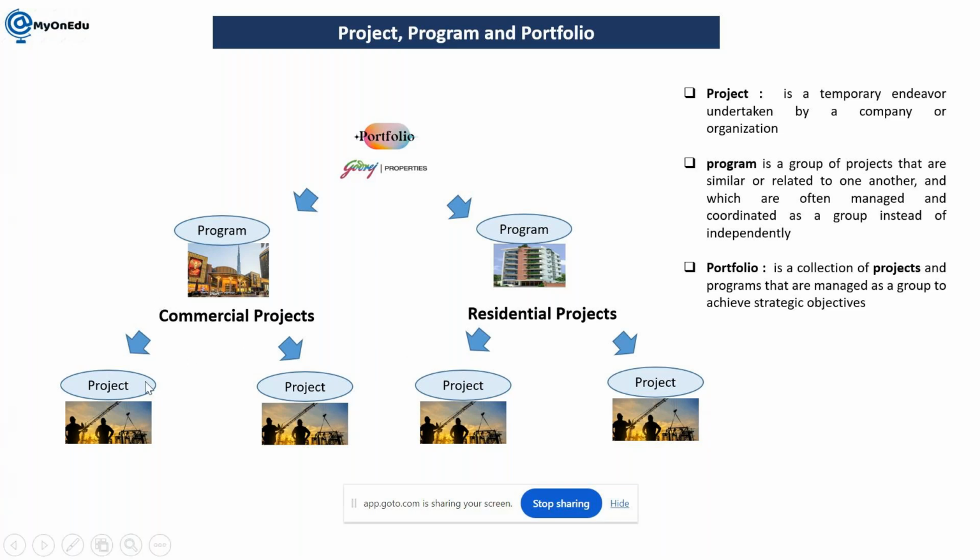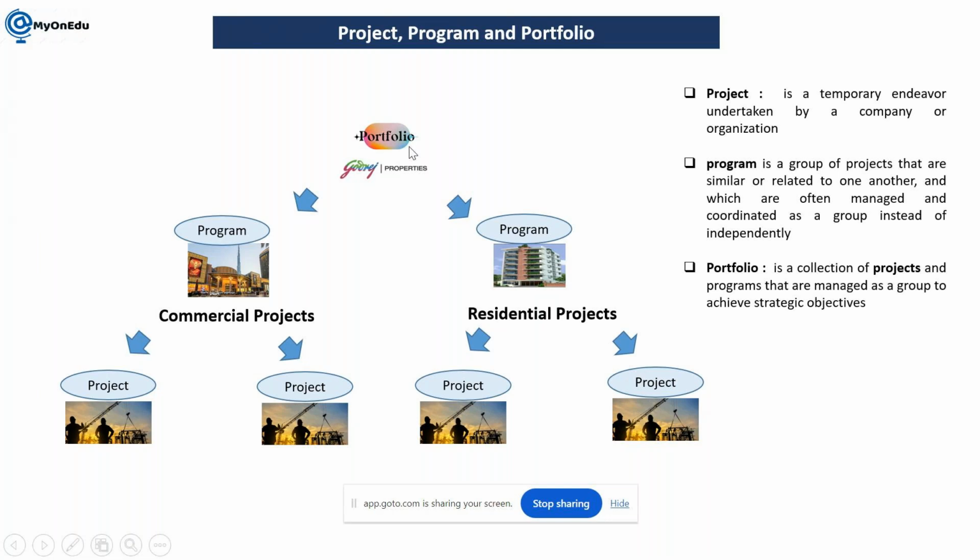For commercial, different projects will be there, and for residential, different projects will be there, but combined, all come within real estate only. So the commercial projects are one program, similarly residential projects are one program, and combinedly we call it a portfolio.